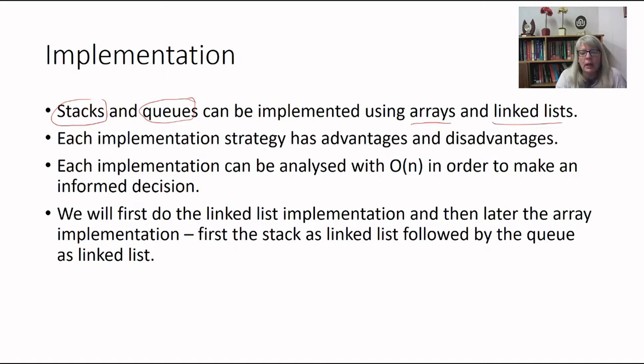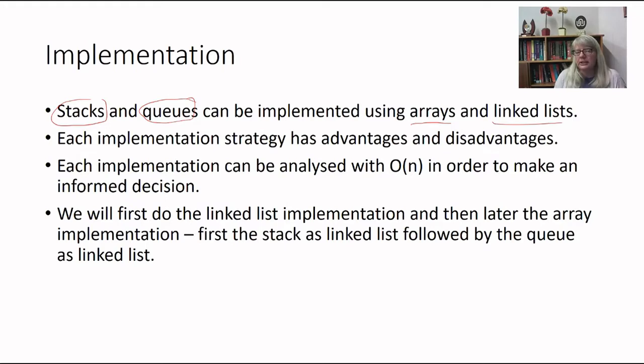Okay, so both these implementations, the stack and the queue, on the array and the linked list, have advantages and disadvantages. And we have to figure out at what end of the linked list we are going to manage the stack, the head end or the tail end. Luckily, we have study unit 2, and you can make an informed decision.